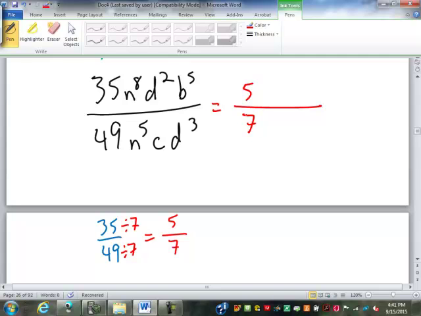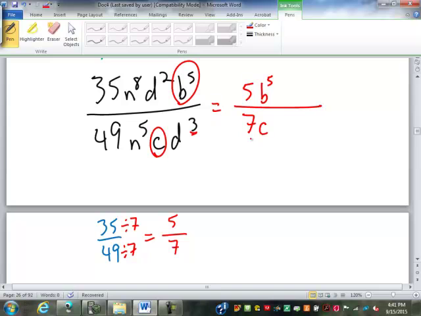Now technically I should do my variables in alphabetical order. Which one should I do first? B to the 5th. Anything happen with that? No. So b to the 5th is just going to stay on top. What would be next? C. And it's going to be just bottom. It's going to stay c. Nothing to cancel with. What would be next? D. Where's that going to go? Top or bottom?